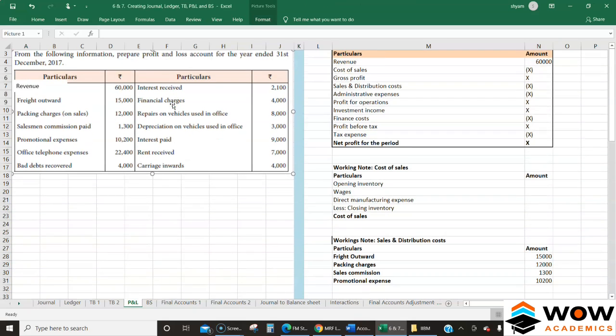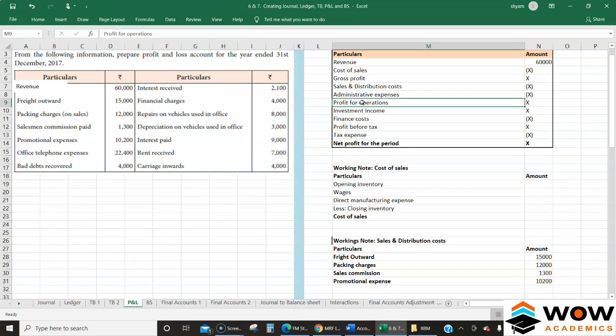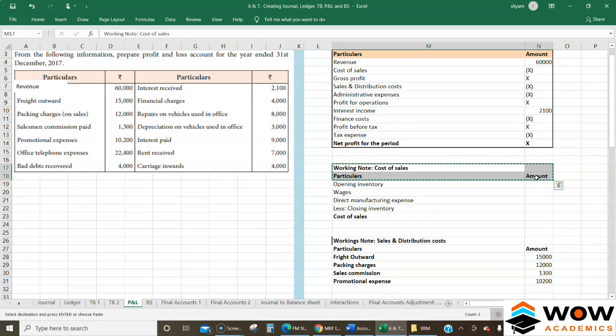Next one is interest received. So interest received is here. It is an income. So we'll put it as interest income. So that is going to be 2,100. Then we have financial charges. So we'll open a working note for that.